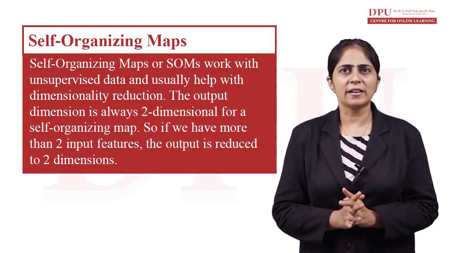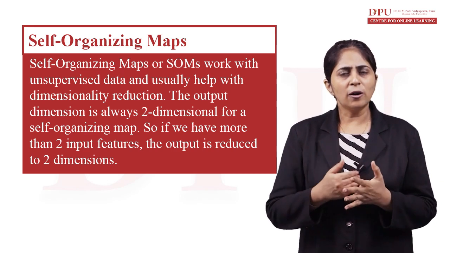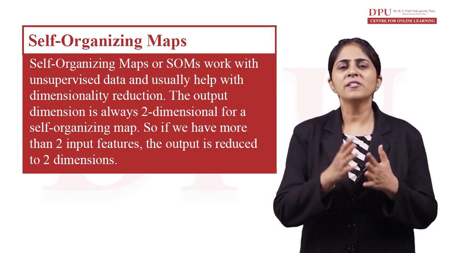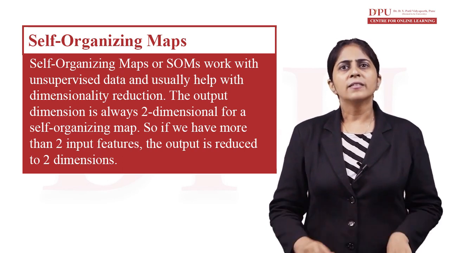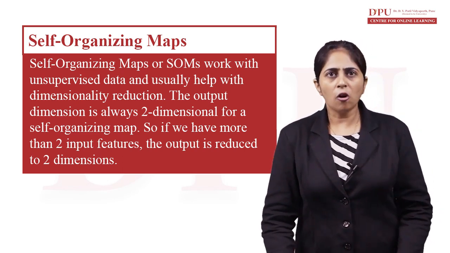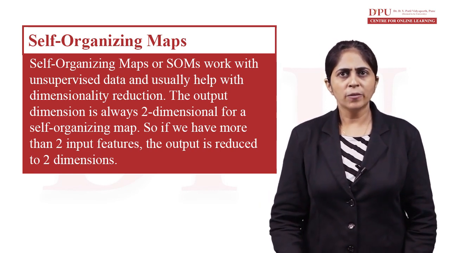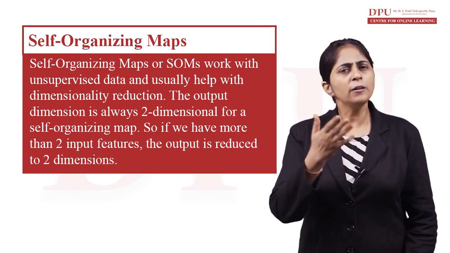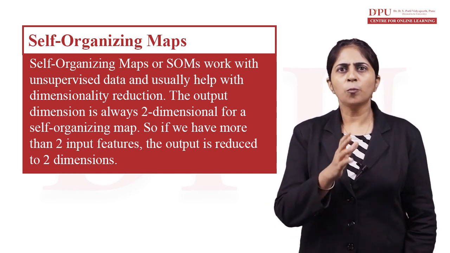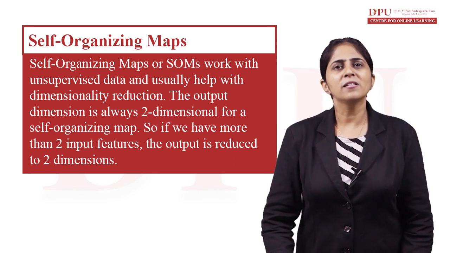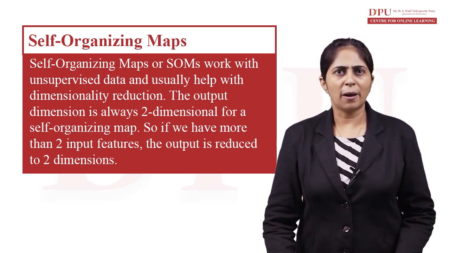SOM works with unsupervised data and it usually helps with dimensionality reduction. The output dimension is always two-dimensional for our self-organizing map. So if we have more than two input features, the output is reduced to two dimensions. That is what happens in this self-organizing map.